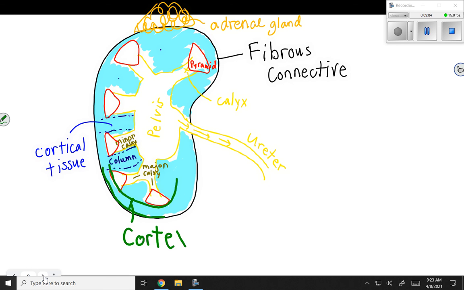Then if we take a look at the space from the pyramids down to the pelvis, all of that space in here is called the renal medulla. Medulla means middle, so the middle section of the kidney. And then the very center, which we already labeled, is called the pelvis.